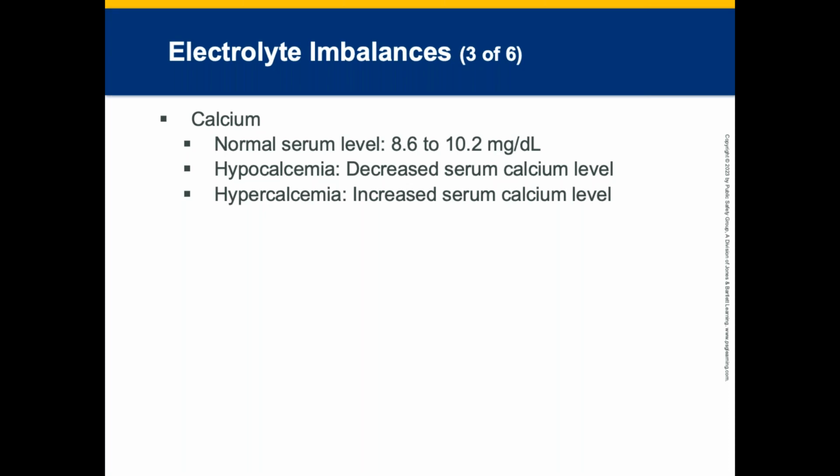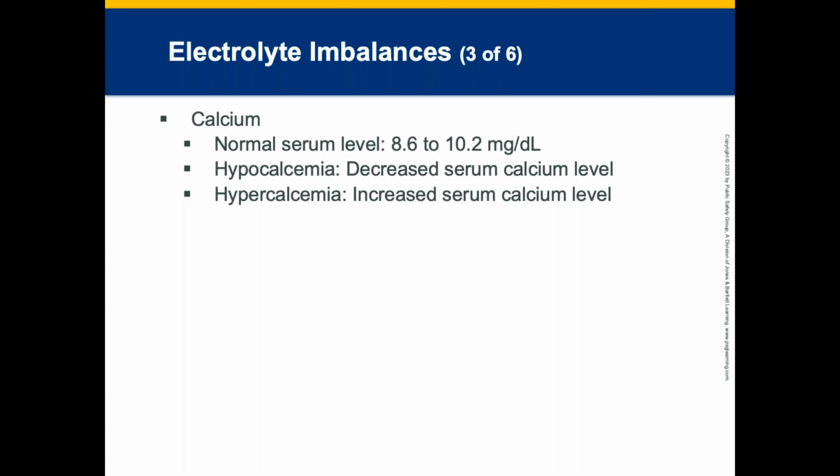This lends strength and stability to the collagen around the substance that forms the matrix of the skeletal system. It enters the body through the gastrointestinal tract. Remember that the normal levels are 8.6 to 10.2, and hypocalcemia is a decreased level.